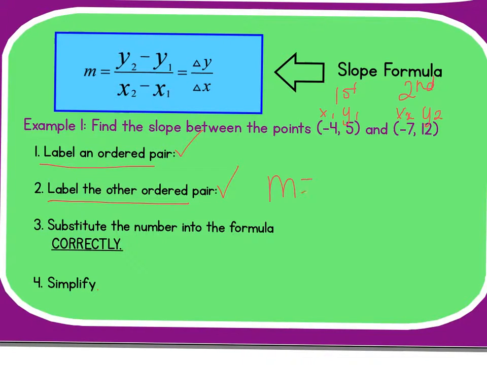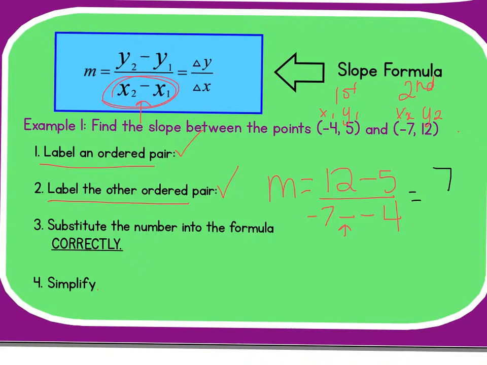M equals y2, which is 12, minus y1, which is 5, over x2, which is negative 7, minus x1, which is negative 4. Notice that I took the minus sign from the equation. Notice up here it's a minus sign. And I took the negative for that negative 4. So if I look at the top, 12 minus 5 is 7.